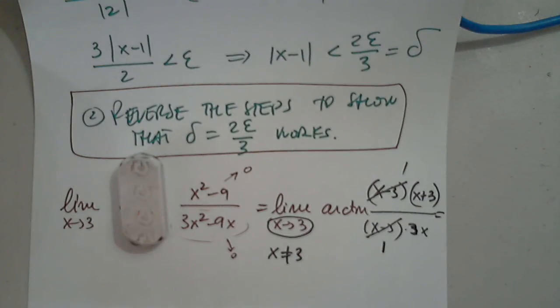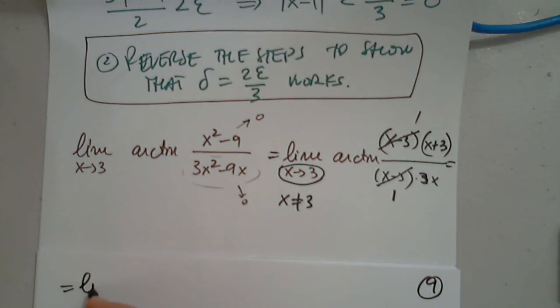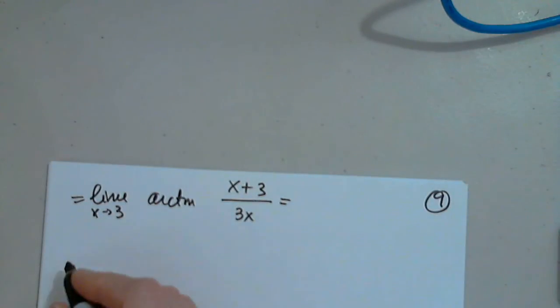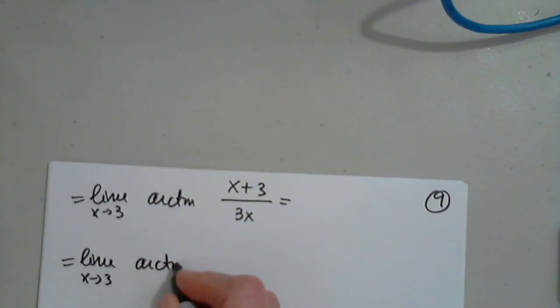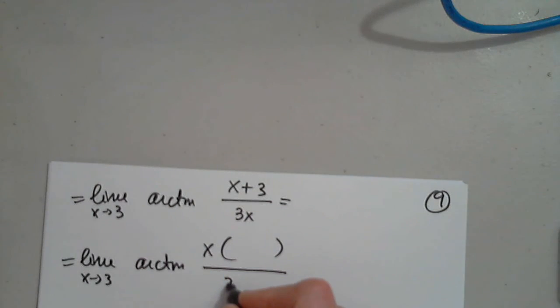So now, what is left? I have the limit as x approaches 3 of arctangent of (x plus 3) divided by 3x. Like before, I will factor out x. Limit as x approaches 3, arctangent, the degree is x, and the degree is x, but I don't have to do anything to the denominator.